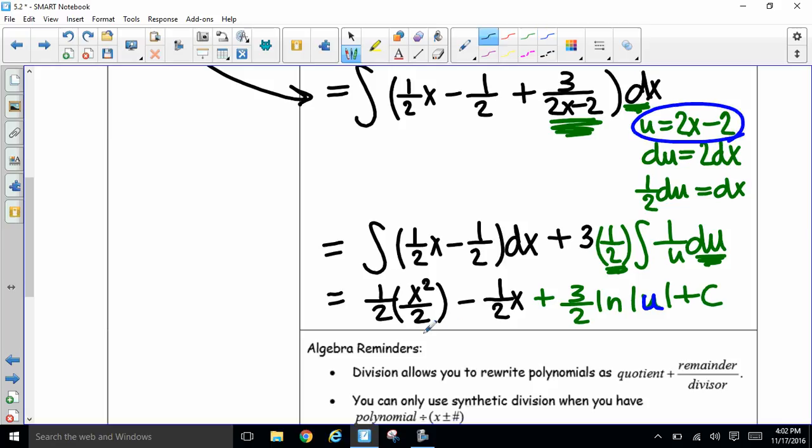So I get 1/4 x squared minus 1/2 x, and then plus 3/2 natural log absolute value of 2x minus 2, close absolute value, plus c.